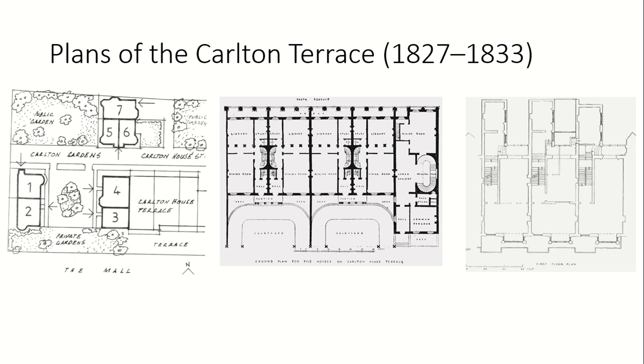The Carlton Terrace's main architectural feature was a pair of white stucco-faced house terraces, which on the south side of the street was overlooking St. James Park. Between 1827 and 1832, the terraces were built on crownland by John Nash, in collaboration with James and Decimus Burton, who helped with the process of the Carlton Terraces.